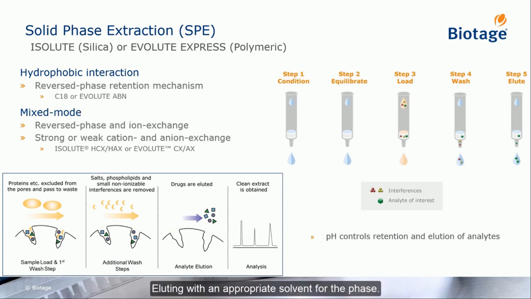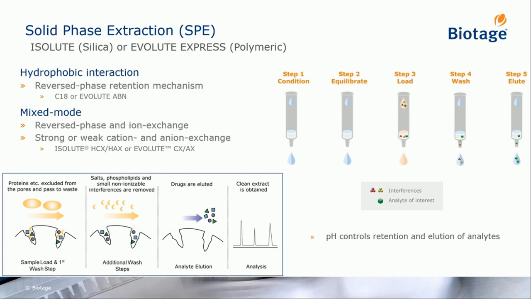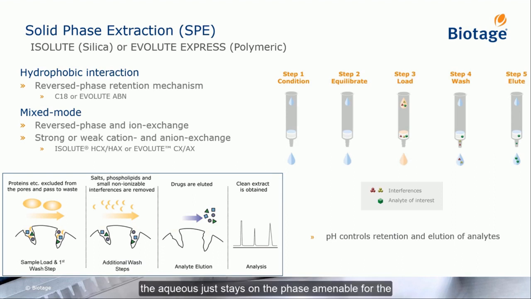So pH control is really determining the retention and the elution here, depending on your exact mechanism. Unlike SLE, where you don't have an interaction, the aqueous just stays on the phase, amenable for the partitioning. Here you are using some sort of interaction.